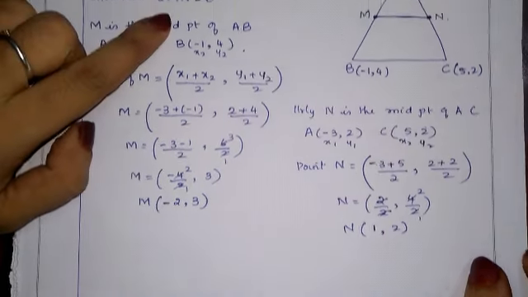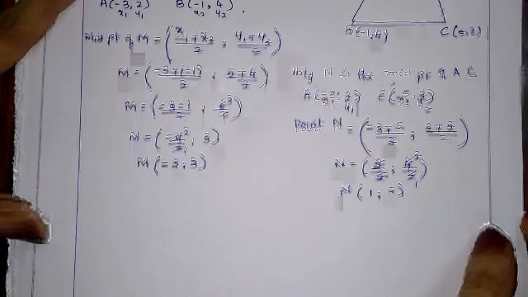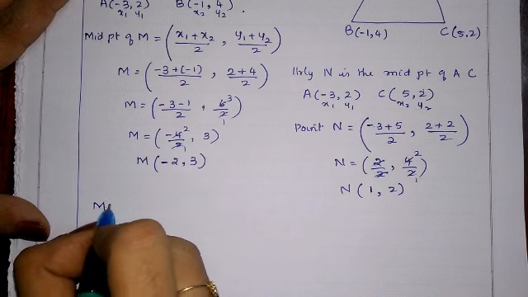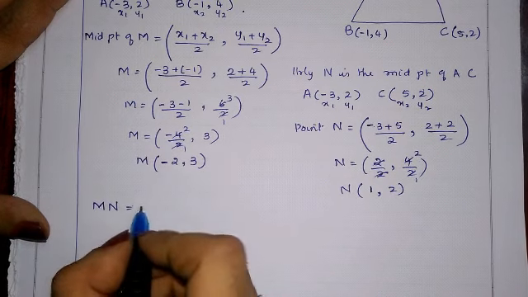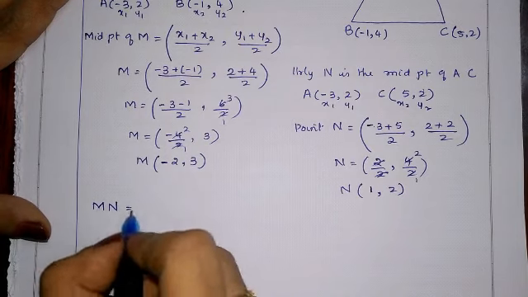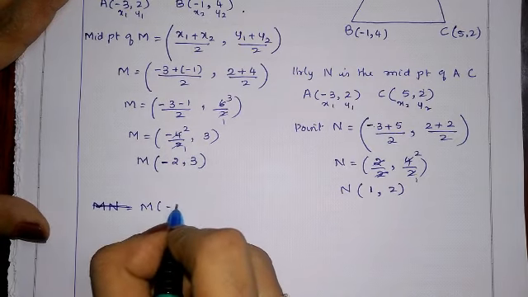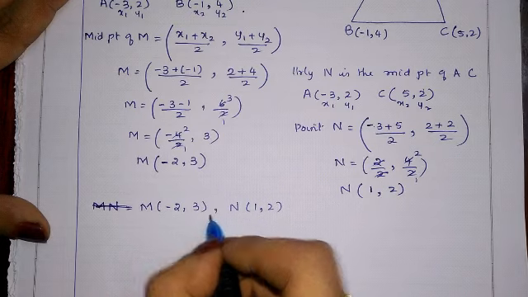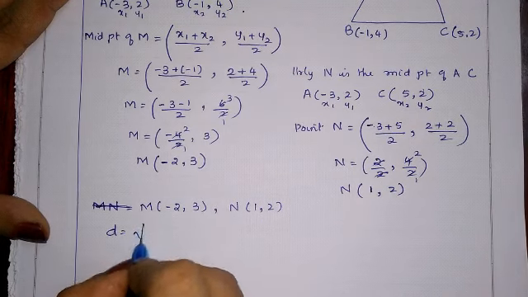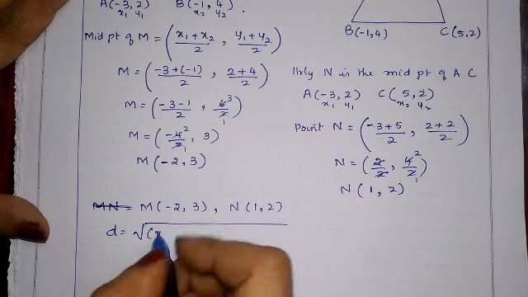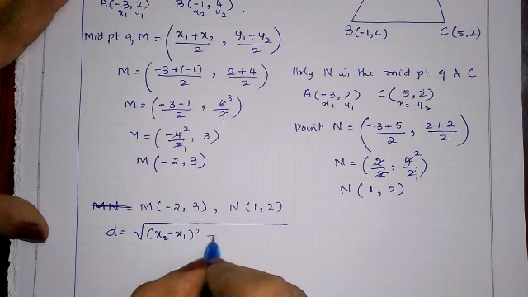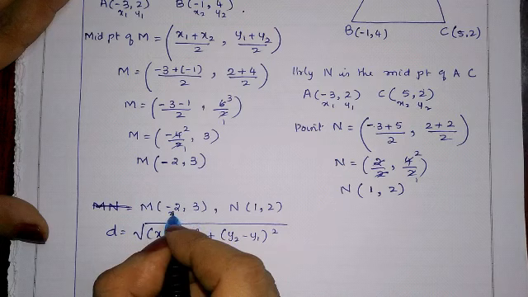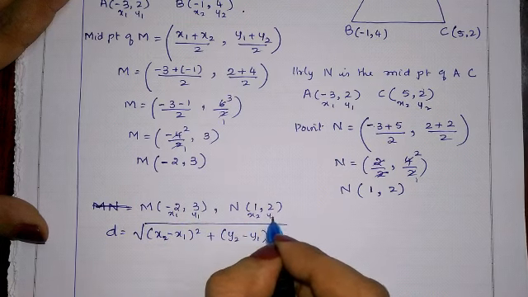Now what they have told: show that 2MN is equal to BC. First we will find MN, the distance between M and N. M point we write as (-2, 3), N is (1, 2). We know the distance formula: D is equal to the root of (x2 - x1) whole square plus (y2 - y1) whole square, with first point (x1, y1) and second point (x2, y2).